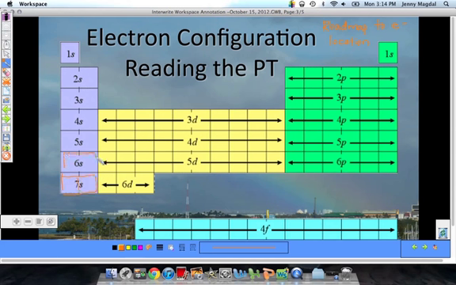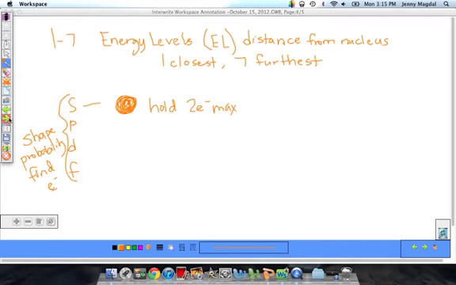So the 7th energy level S has 2 boxes, 6th energy level S has 2 boxes, 5, 4, 3, 2, and here we notice an odd thing, that helium is an S as well, even though it's colored funny here. It goes over there because it's also an S. So we can see each of the S's has 2 boxes. That means that we can hold 2 electrons. So 2 boxes are the same as 2 electrons.